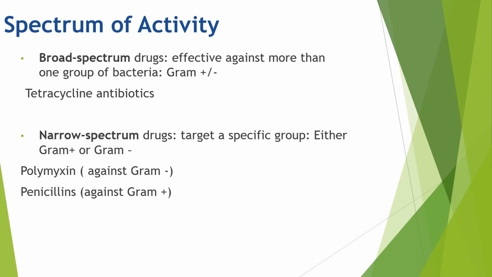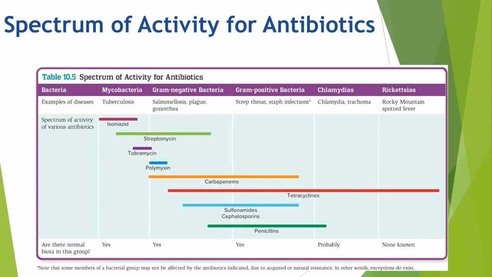So we'll go ahead and discuss how these antibiotics work, and we're going to take a look at a graph together. So let's go ahead and do that. If we take a look at this chart right here, you have a list of antibiotics. Let's take a look at a few of them.